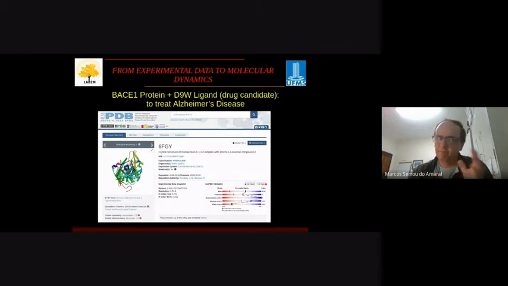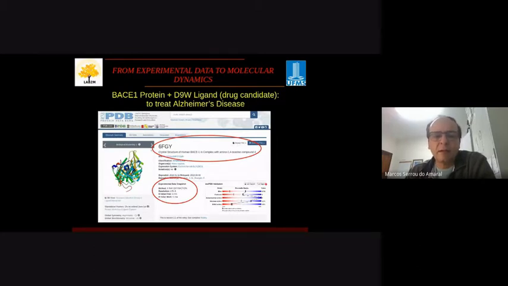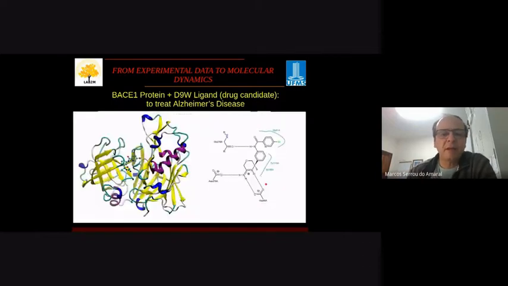You can have a lot of kinds of systems to study. Here is information about the crystal structures of human BACE1 in complex with a ligand compound. You can see that they got this information from experiments using the X-ray diffraction method.